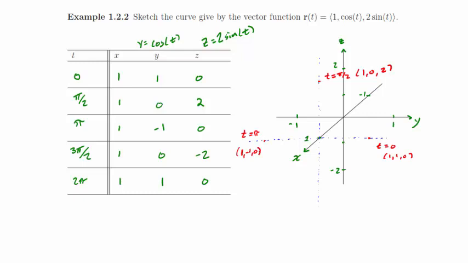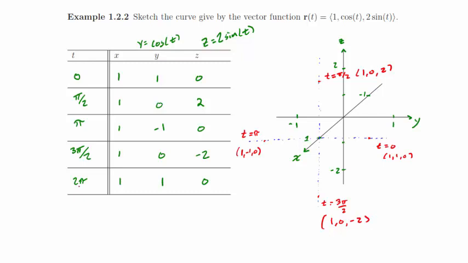And then when t is 3 pi over 2, we get 1, 0, negative 2 for my x, y, and z. So that's going to be from here, 1, negative 2 is going to be about here. So t equals 3 pi over 2 gives us the point 1, 0, negative 2.